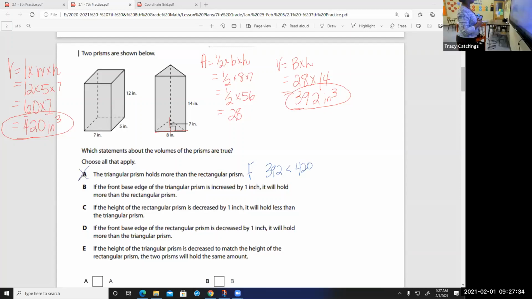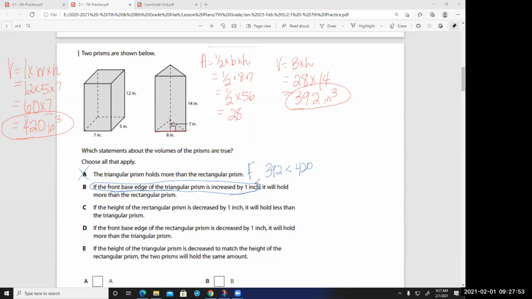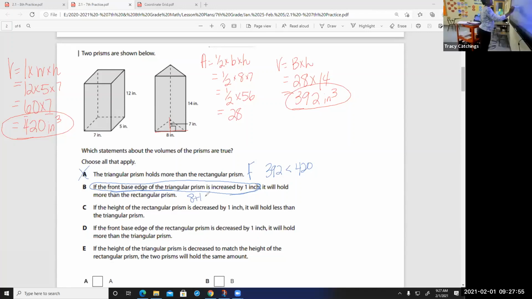B says the front base edge of the triangular prism is increased by an inch. It will hold more than the rectangular prism. So let's think about it. What's the front base edge of the triangular prism now? 8. So if I add 1, that would be 9. That would make 9 times, still the height of 7.